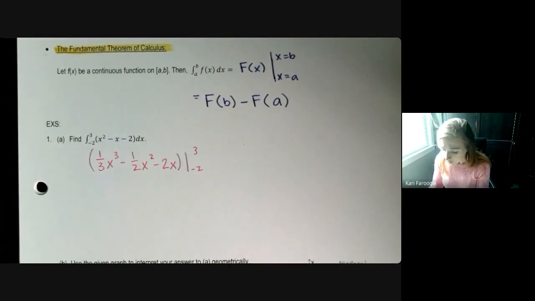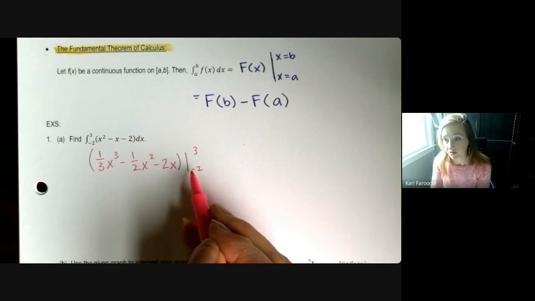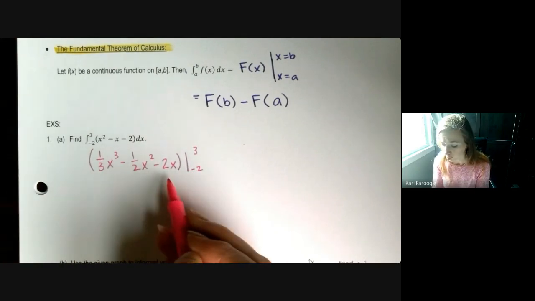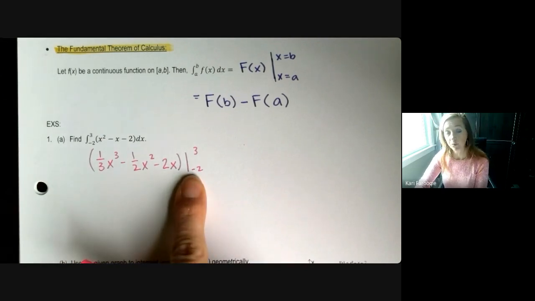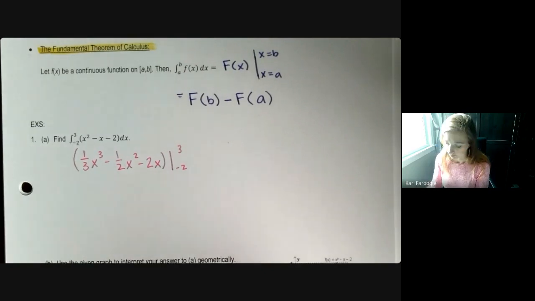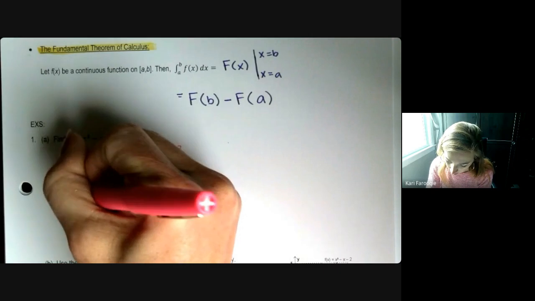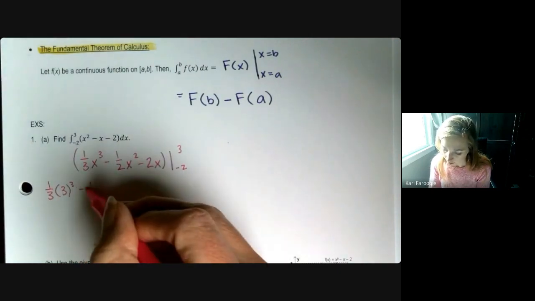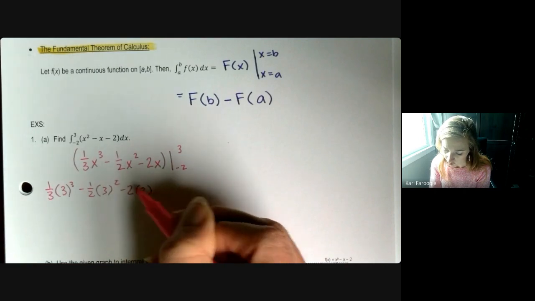All right, so now I'm going to first evaluate at 3, and I'm going to subtract off what happens at -2. You can do this term by term if you want, but usually what I do is I take the whole thing and I evaluate it at the upper limit, then I subtract off the whole thing at the lower limit. So we have 1/3 times 3 cubed minus 1/2 times 3 squared minus 2 times 3.